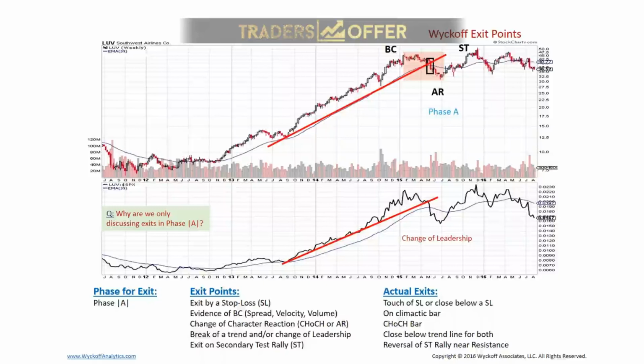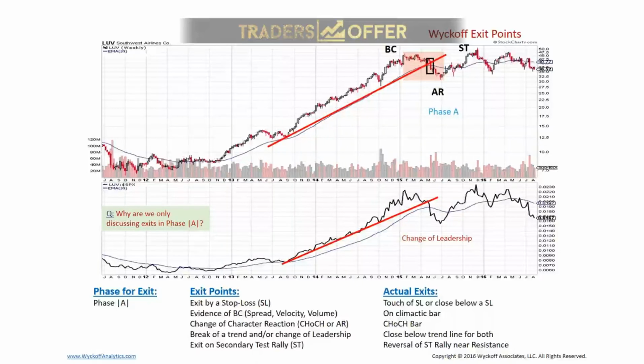The reversal bar is not necessarily going to be the first bar of the reversal. We could have some kind of bar that is still an element of a consolidation.